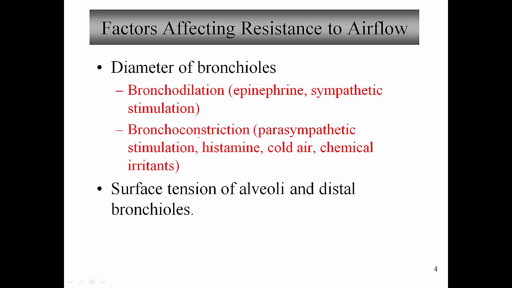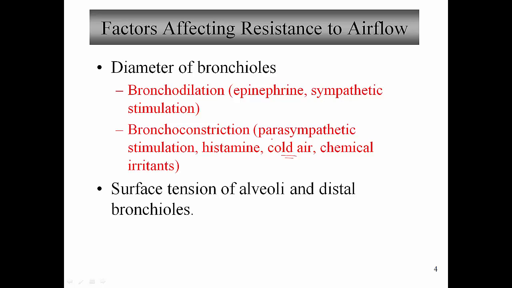Now, bronchoconstriction can take place from a number of things. Parasympathetic stimulation, so rest and digest type activation of the autonomic nervous system. Histamine, part of an allergic reaction, will cause bronchoconstriction. And the epinephrine that we could inject in an anaphylactic reaction or an allergic reaction can counteract the effects of the histamine. Cold air can also cause bronchoconstriction. This has to be kept in mind when you're dealing with elderly patients.